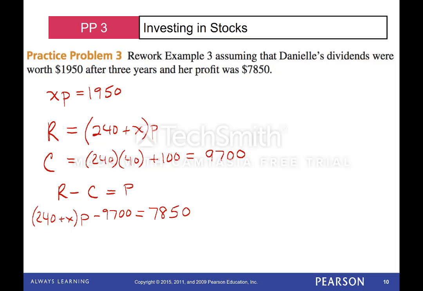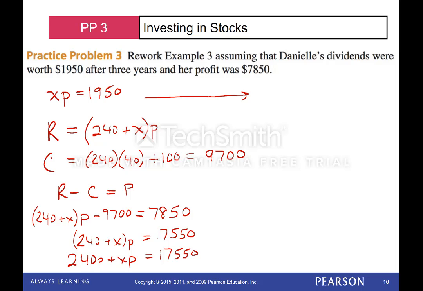$7,850. All right, move the $9,700 over. Distribute the P value to the 240 as well as the X. And I think we have our two equations that we need to set up. First equation is the dividend price she received.